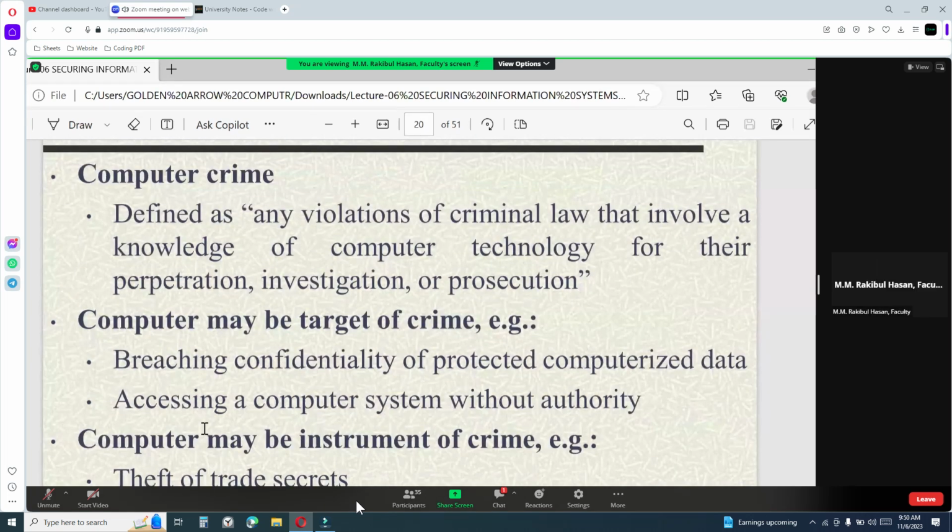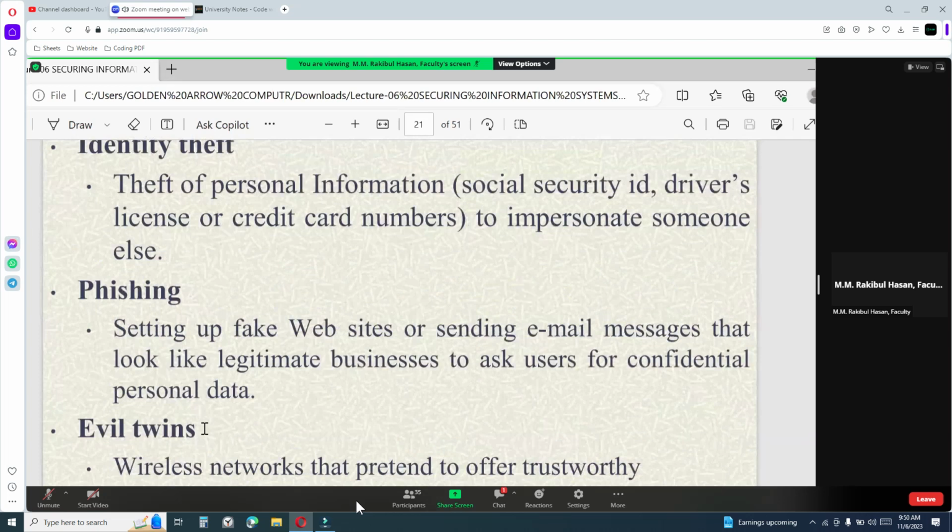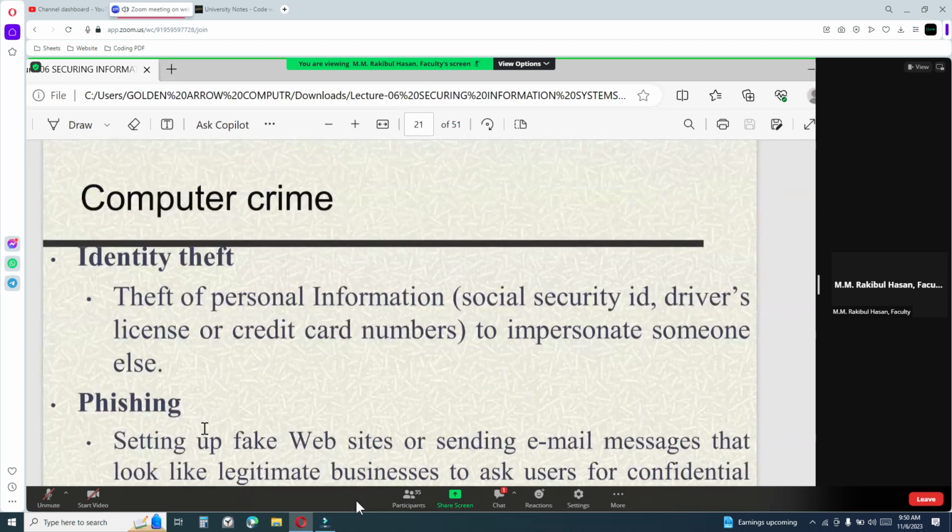Then the next one, some other computer crimes they mention here. Let's see. First of all, identity theft. There are some policies or procedures through which a hacker hacks the identity of a specific person.